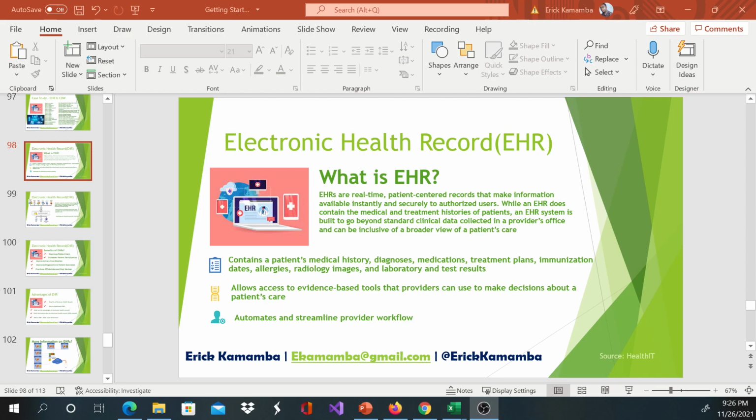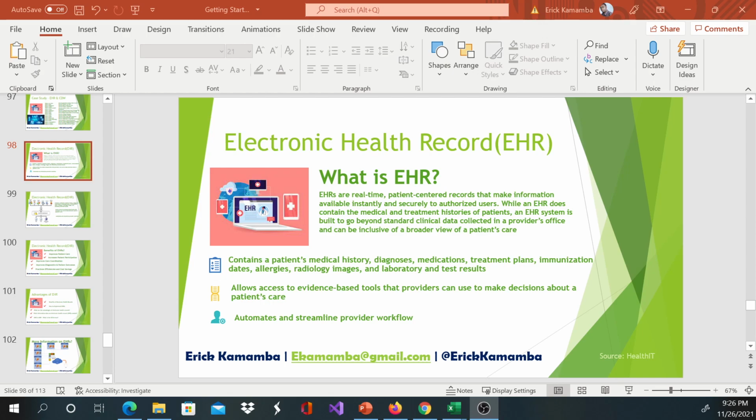If you go to pharmacy, or if the doctor sends the medication to pharmacy, you go there, you get your medications, they enter that information there. You go to refill your prescriptions, they really enter all that information. So all that information is connected under one umbrella. We call it electronic health record.